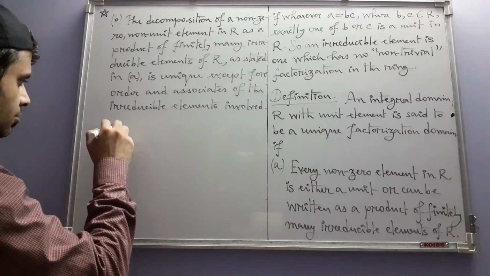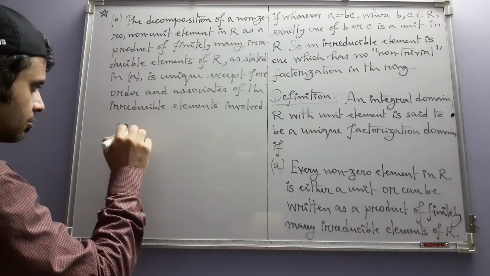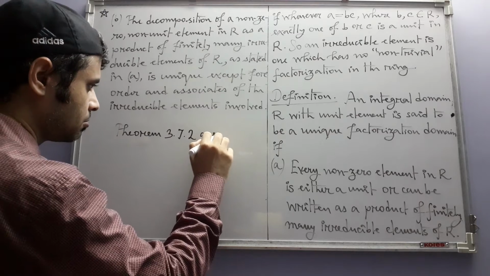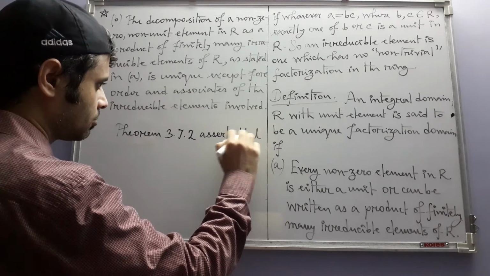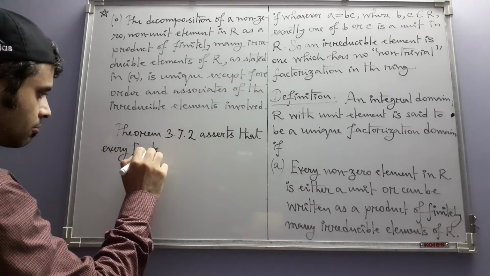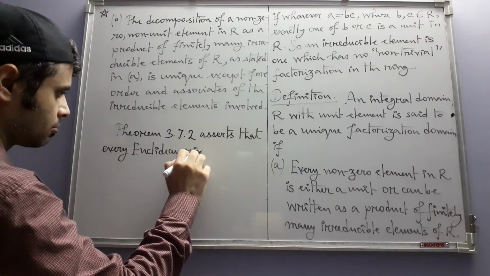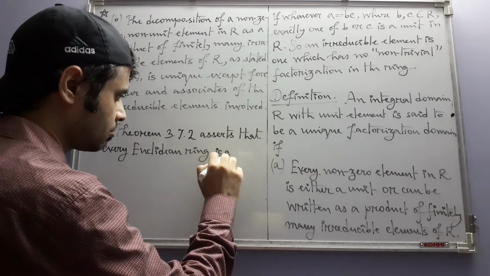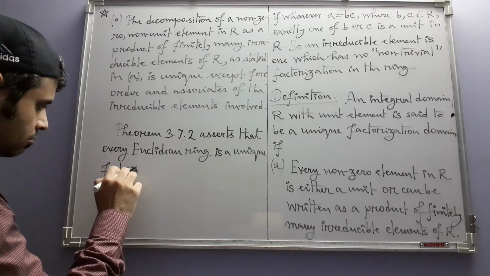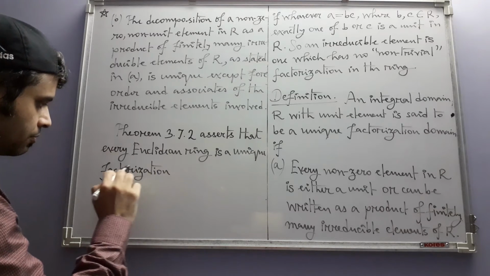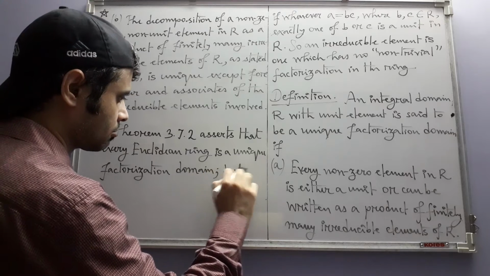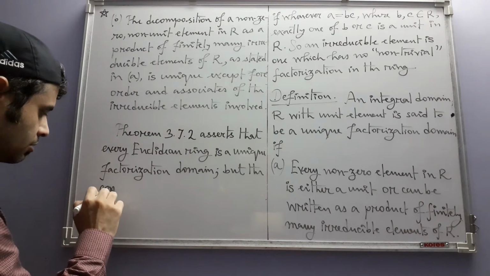Now if you go back to the theory of Euclidean rings, theorem 3.7.2 asserts that every Euclidean ring is a unique factorization domain. But the converse is not true.